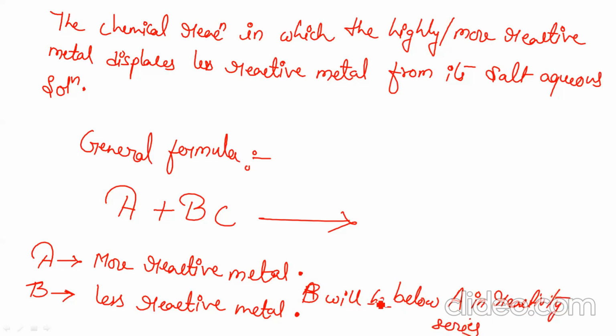And when this condition occurs, when B is below A in the reactivity series, then A will displace B in its salt aqueous solution. It means that a new compound will be formed, which will be AC, and B will be replaced out.